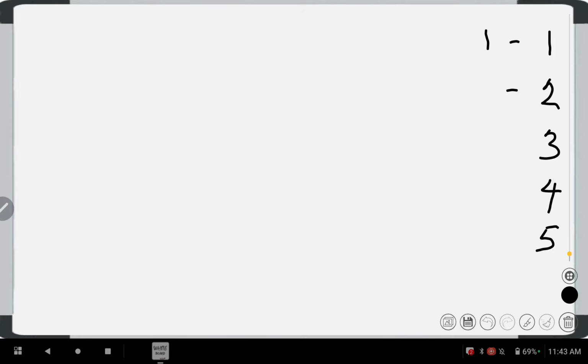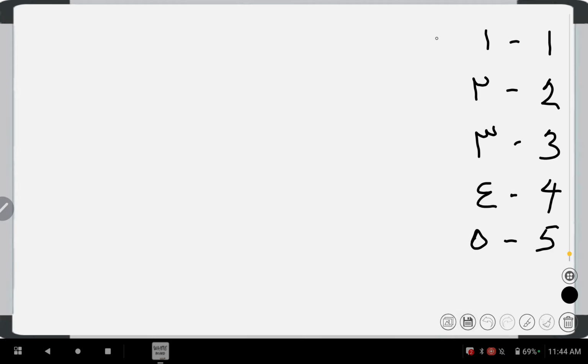In Arabic language, we represent 2 as this 2, and 3 is like this 3, and 4 is like this 4, and 5 as this 5. Is this clear? So we have 1, 2, 3, 4, 5.